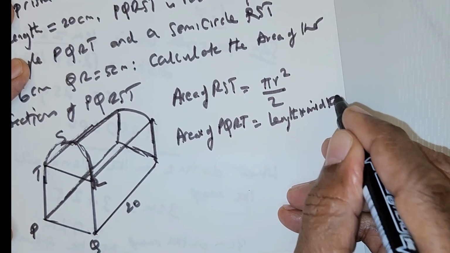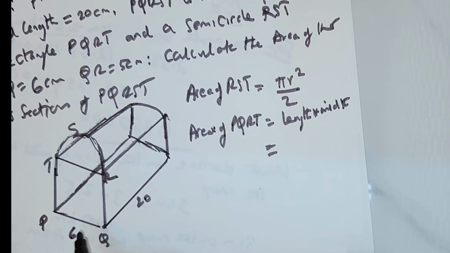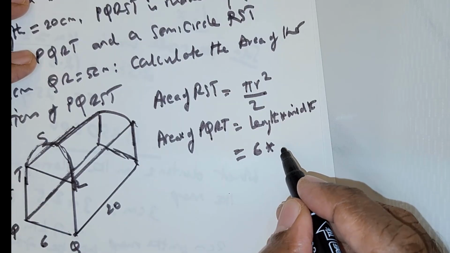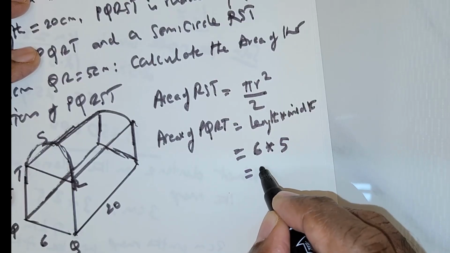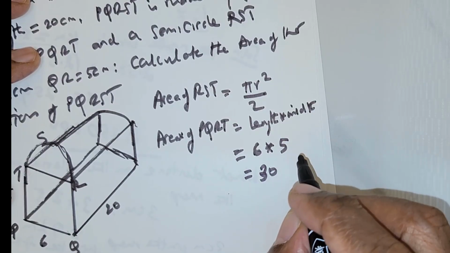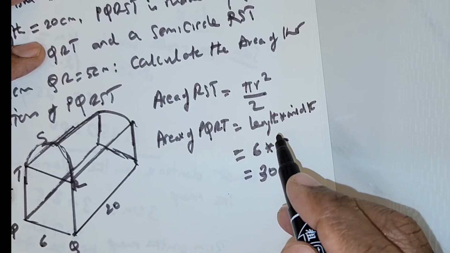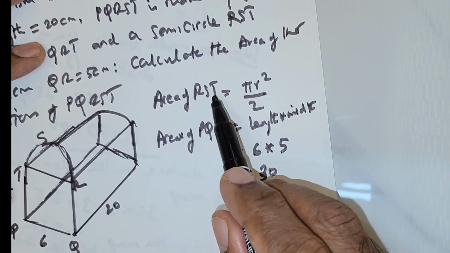That's a formula. We have 6 cm here and we have 5 cm there. So in this case it's going to be 6 into 5, which is going to be 30. Now this has to be added with the area of RST.